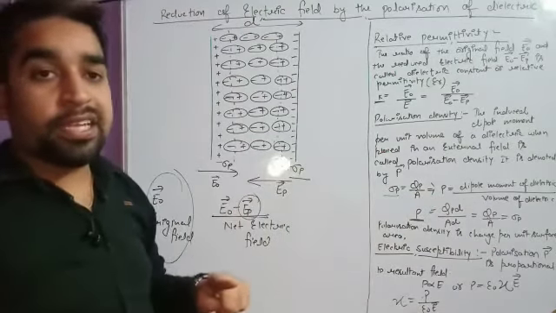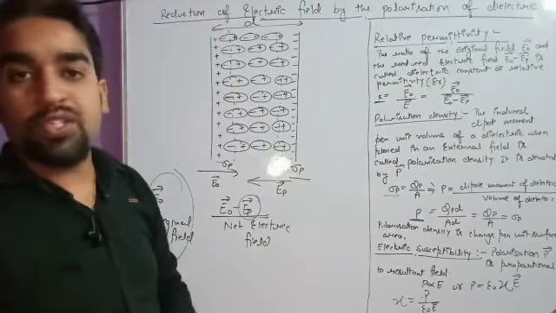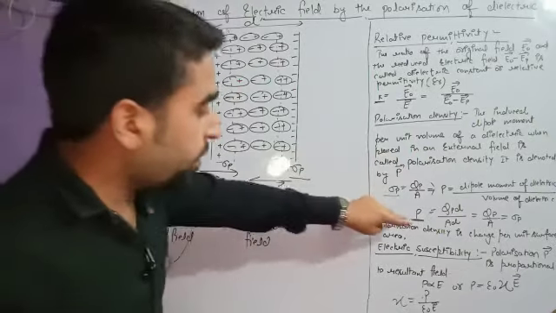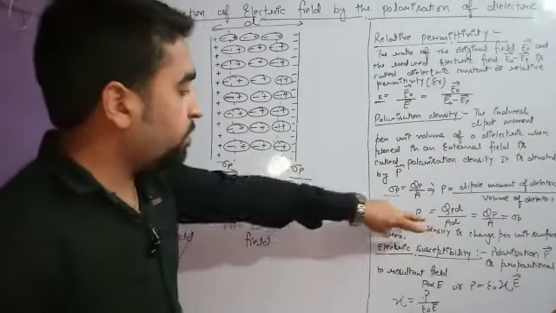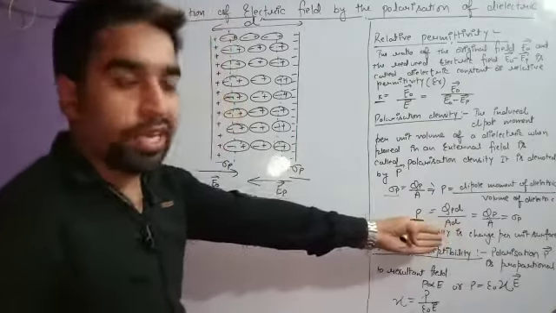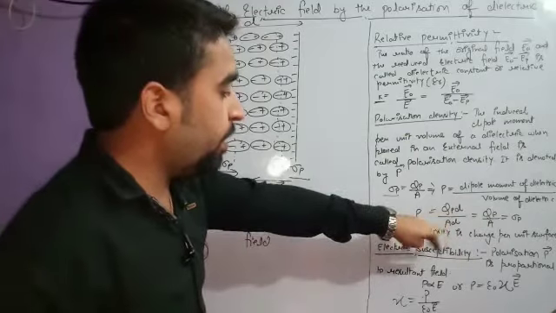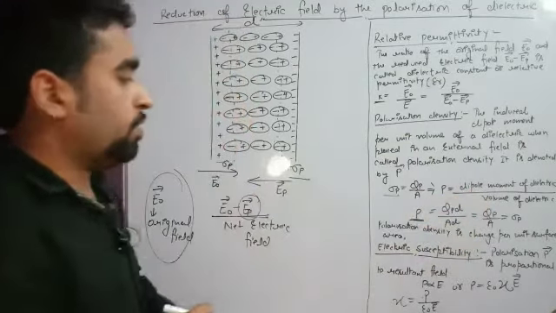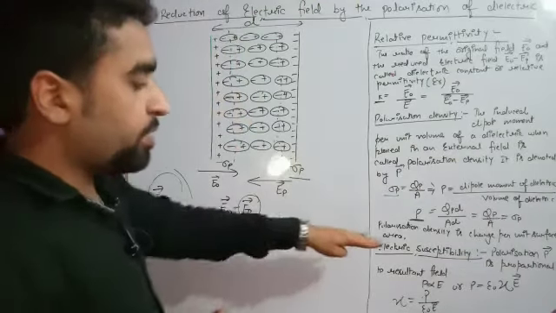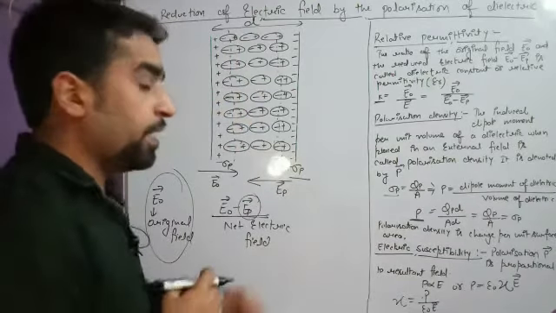Even in the next relation I will replace it by the same value, so don't be confused at that time. Polarization density is numerically equal to charge density. How? QP D upon A D, D and D get cancelled out, QP upon A, and QP upon A is charge density. So polarization density is charge per unit surface area as well.